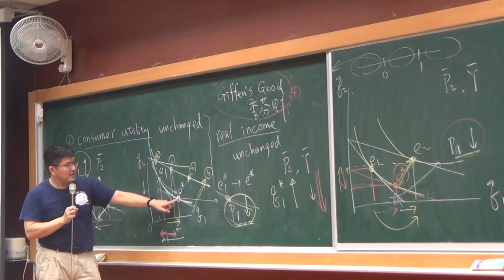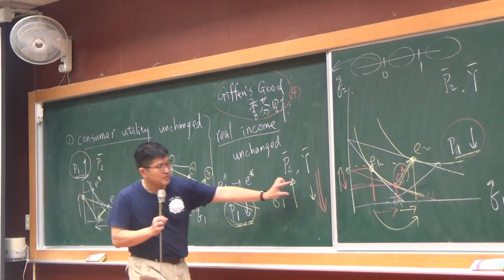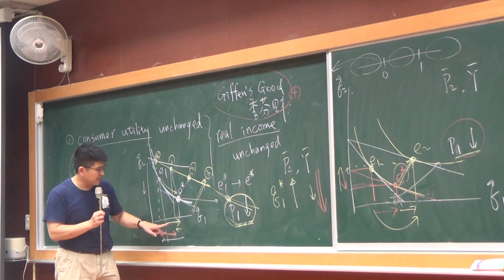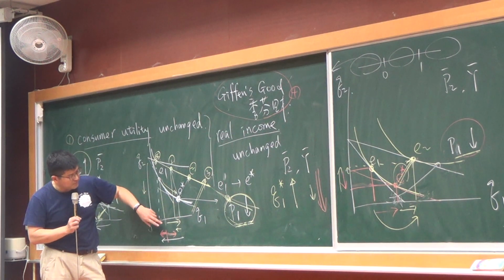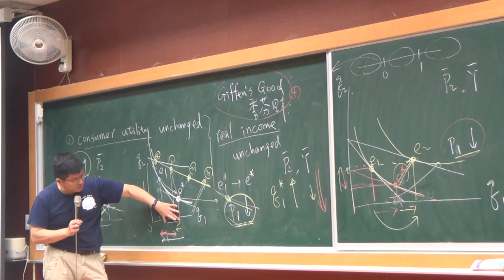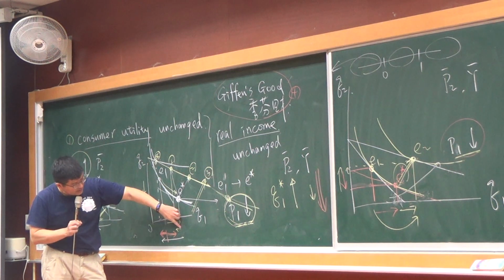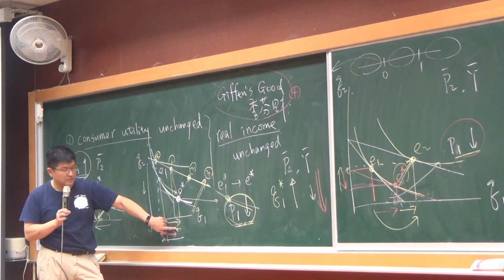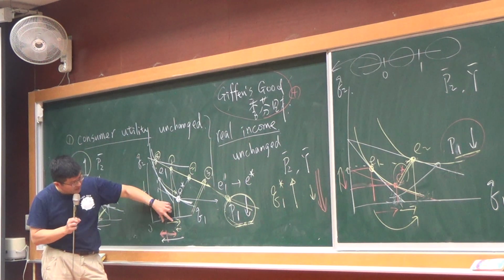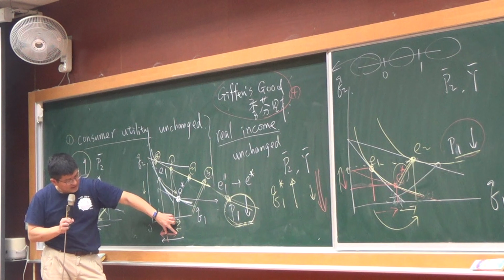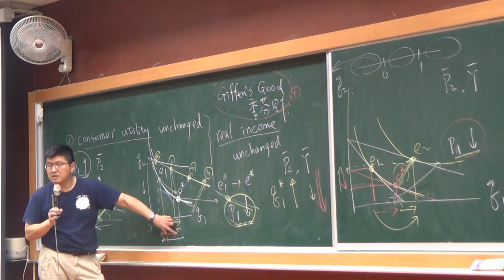And if it is not inferior that much, then the resulting effect, although we have an increased consumption of good one because of the negative substitution effect, but with the reverse or inverse effect due to the income effect, the resulting will still have a higher quantity demanded, right?